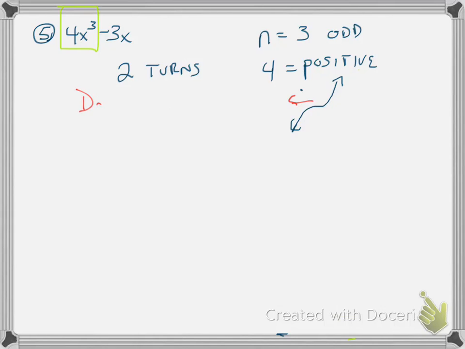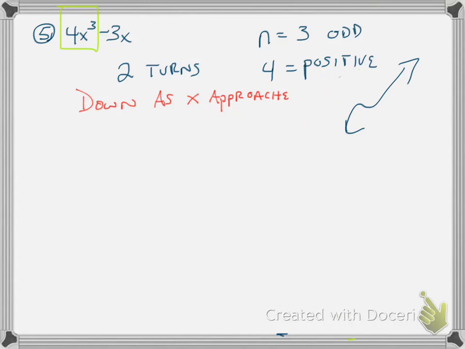The graph goes down as x approaches negative infinity. As the x is going in the negative direction, the graph is going down, and it goes up as x approaches positive infinity.